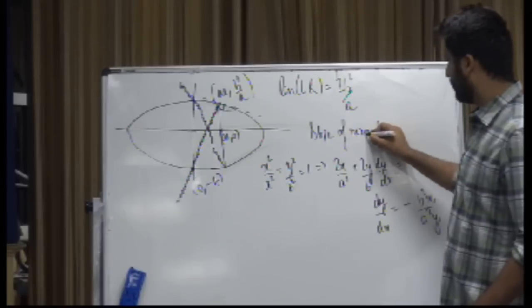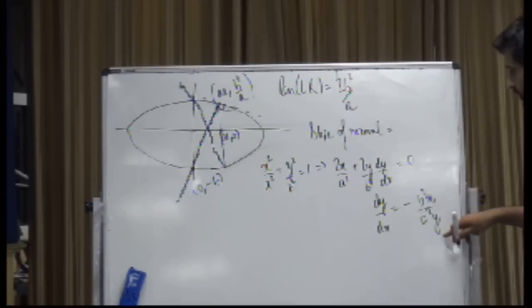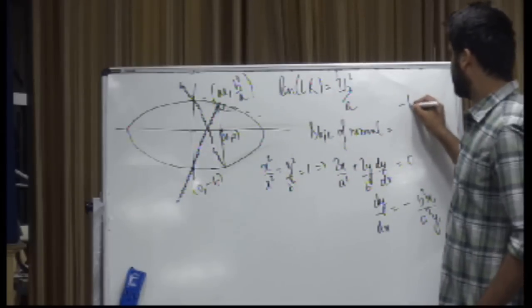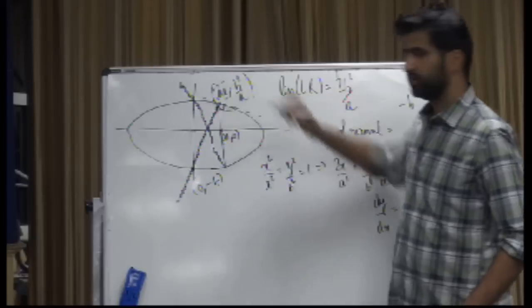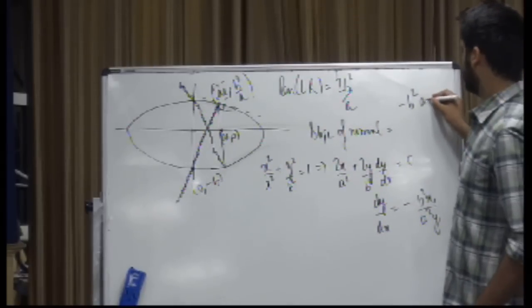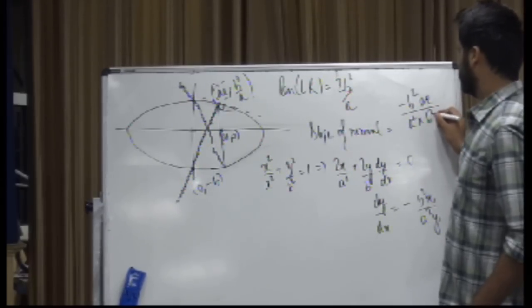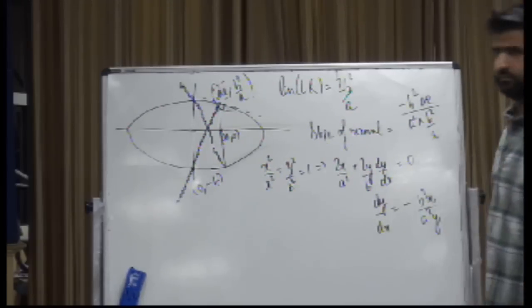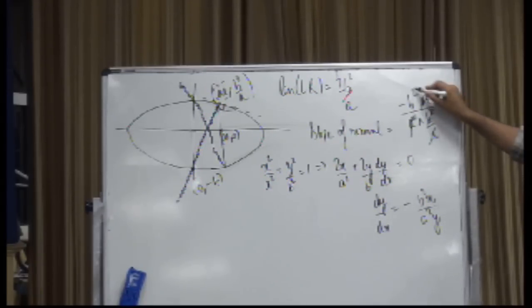So now the slope of the normal will be equal to minus b square x1 upon a square y1. So minus b square, what is x1 over here? ae, upon a square, y1 is b square by a. This a cancels, this a cancels, b square cancels.